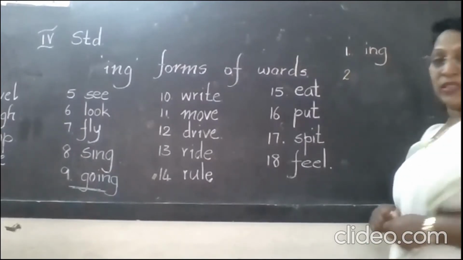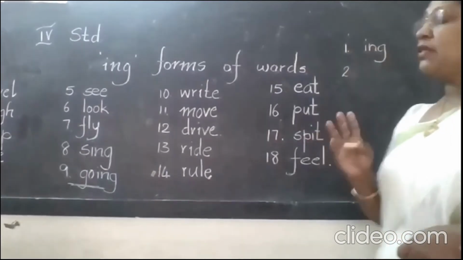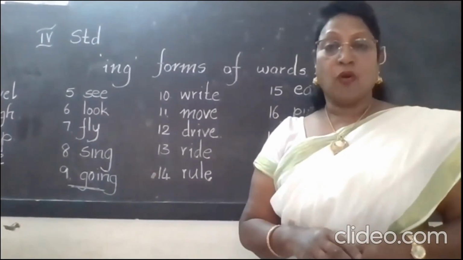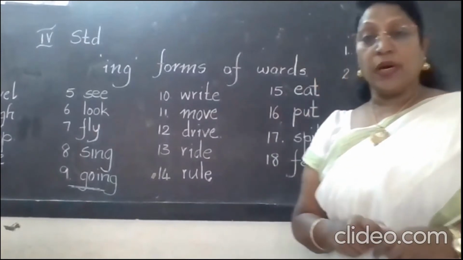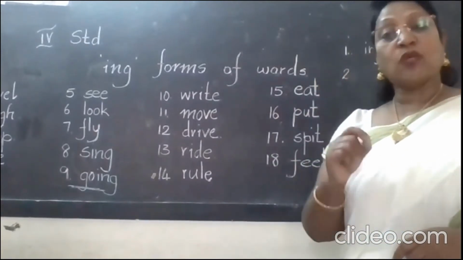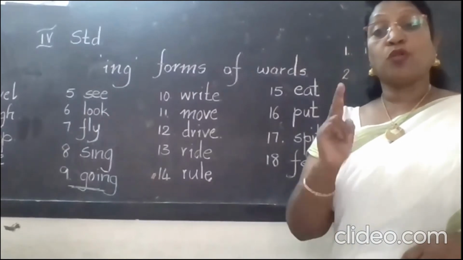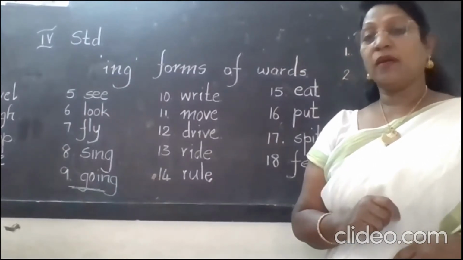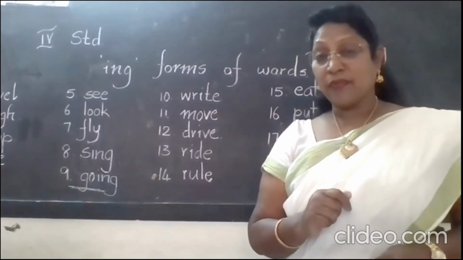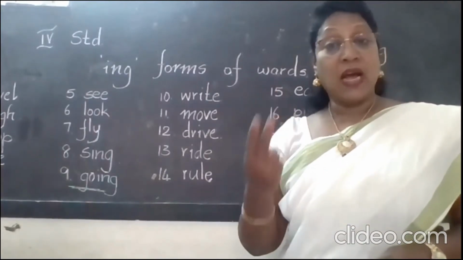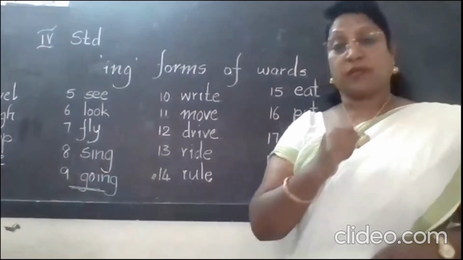The second rule says, when you see a word, you should watch the last 2 letters of the word. Now, tell me what did I say? You should see the last 2 letters of the word.